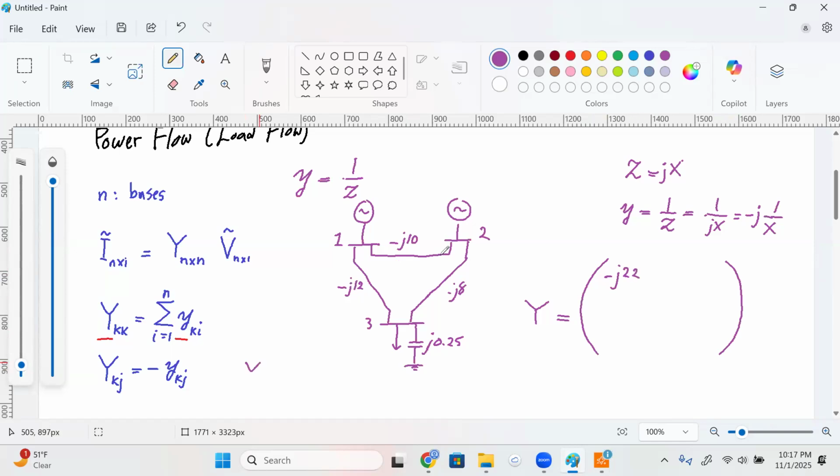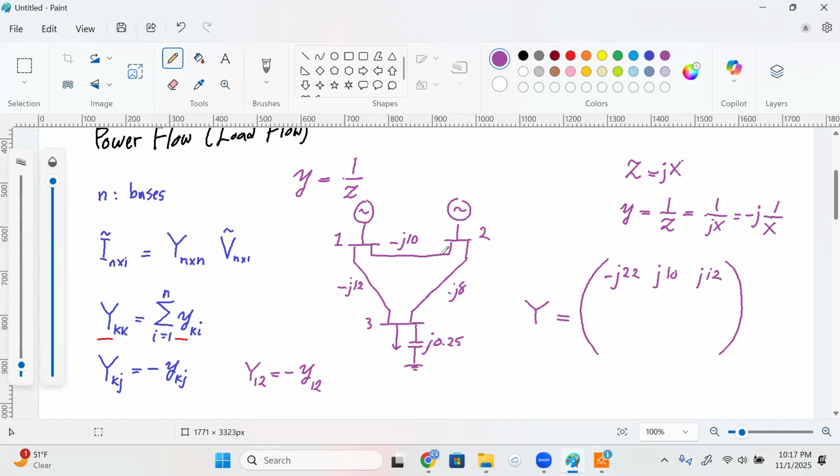Y12, so let me provide at least one example here. Y12 by definition is minus the actual admittance connected between those two buses. So the actual admittance is minus J10. Negative of that would be J10. What about Y13? Negative of the admittance connected between buses 1 and 3, which is J12.